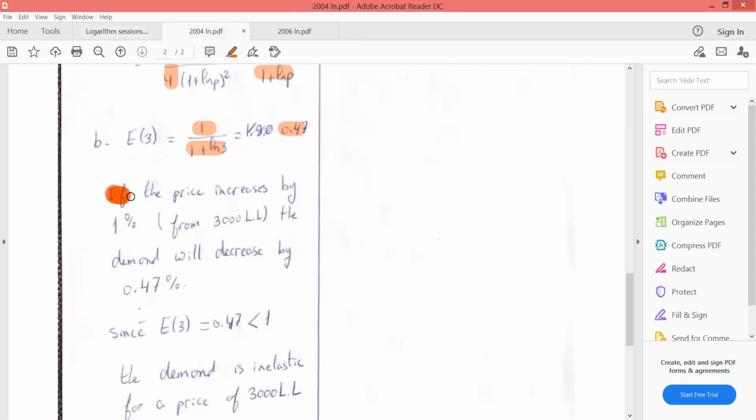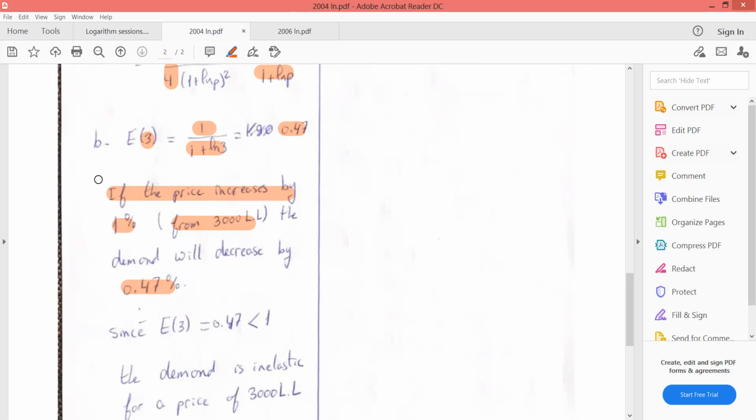If the price increases by 1% from 3,000, since E of 3 and the unit for P is 1,000, the demand will decrease by 0.47%.